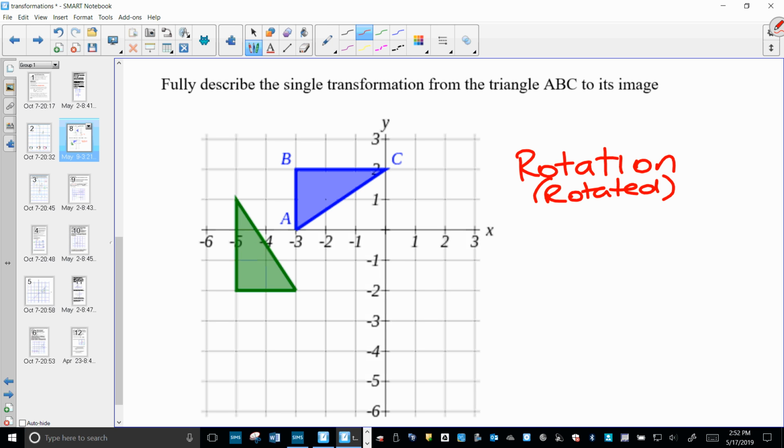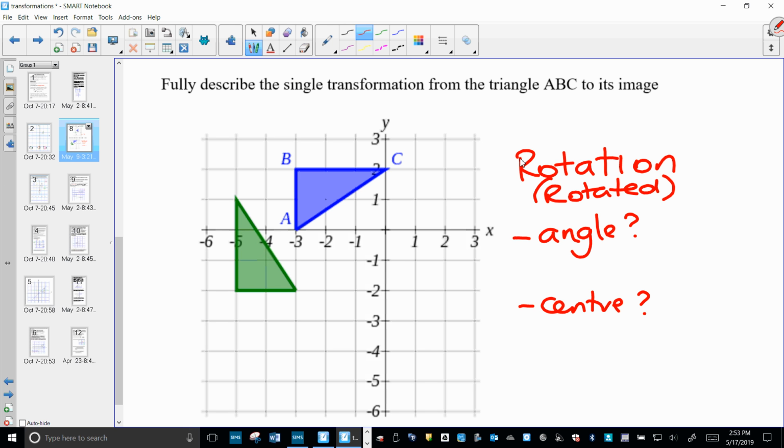Angle. But we do need to know the angle of rotation. The centre, yes. So you've given us both the information we need. We need to establish what the angle was, and we need to know what the centre was. Okay? So they're the pieces of information we need to find.